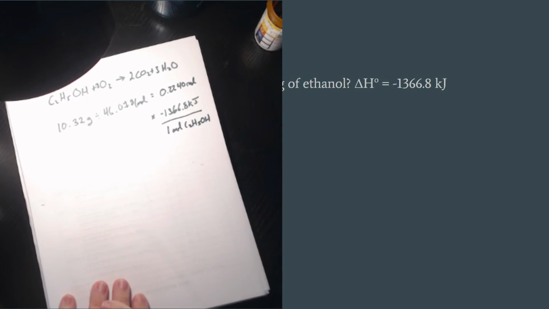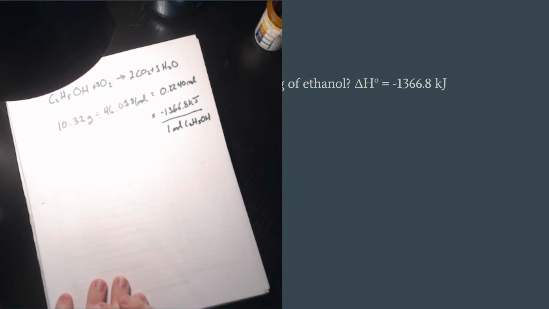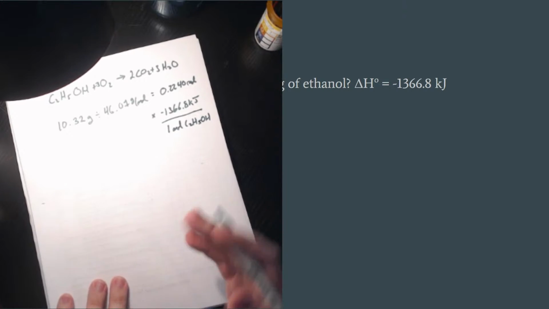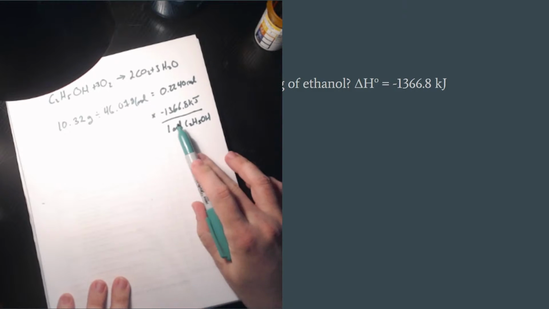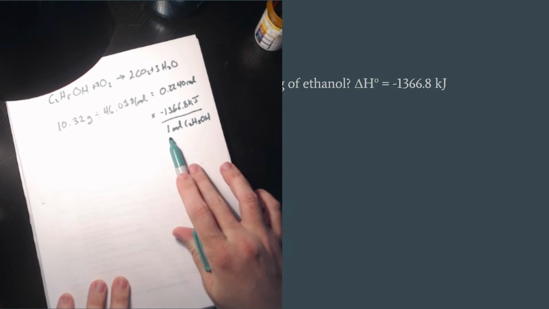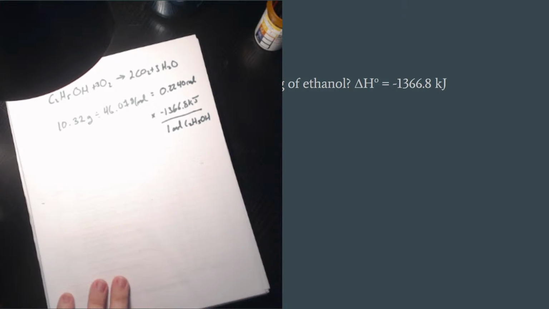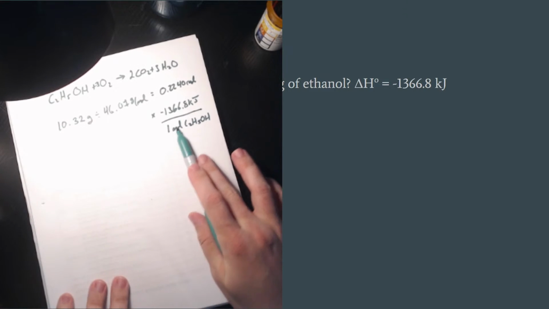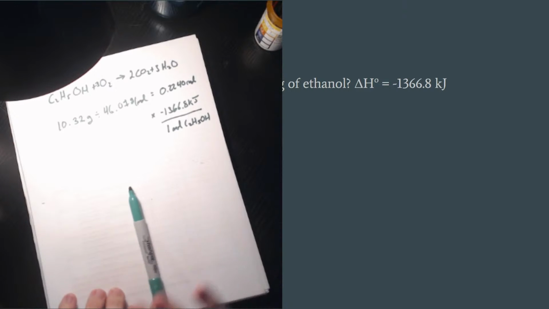If I was asking about oxygen, then it would be per 3 moles of oxygen. Okay? If I was asking about carbon dioxide, it would be per 2 moles of carbon dioxide. So you'd be dividing this number by 2 or by 3 or by what have you. In this case, because it's ethanol, it occurs for every 1 mole of ethanol.